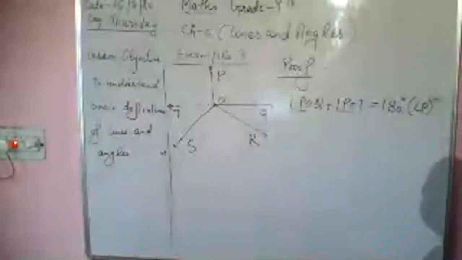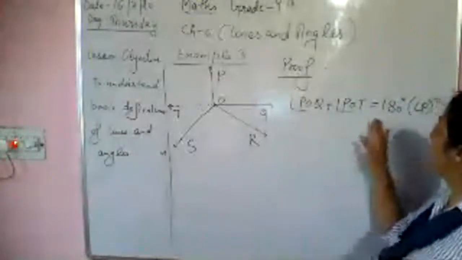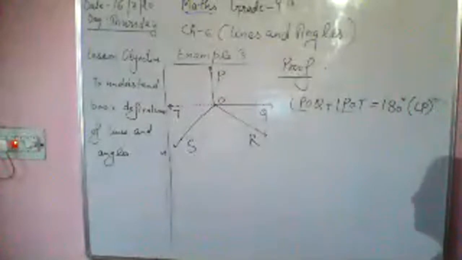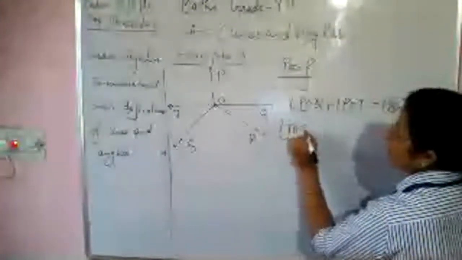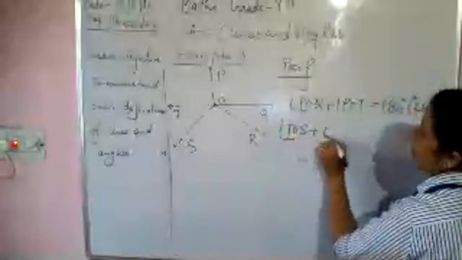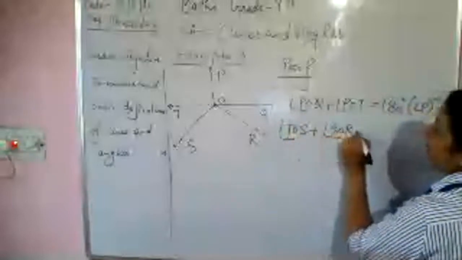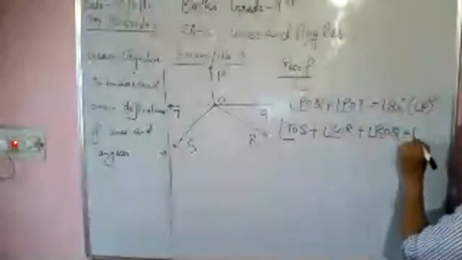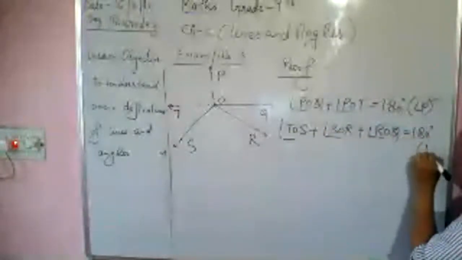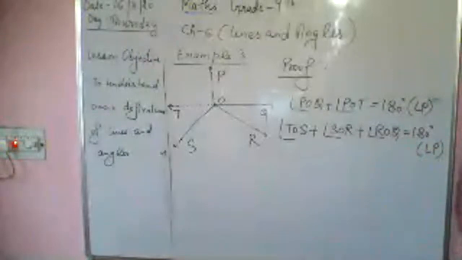And also you can write angle TOS plus angle SOR plus angle ROQ is equal to 180 degrees, which is also a linear pair.